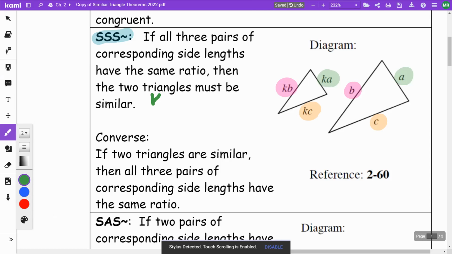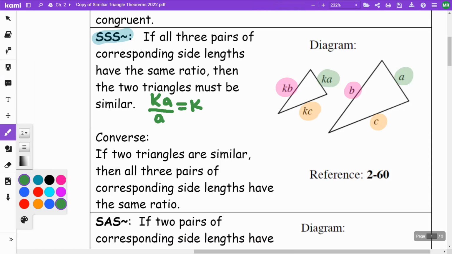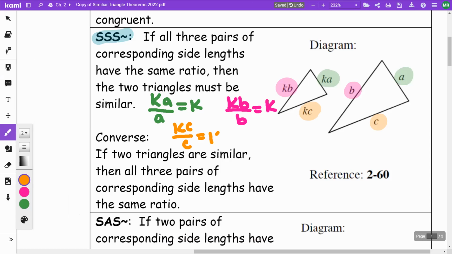So I would say KA over A equals K, and KB over B equals K, and it has to be true for the third one. So KC over C equals K.